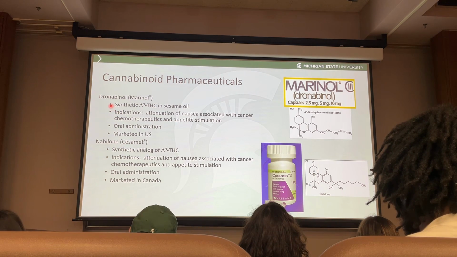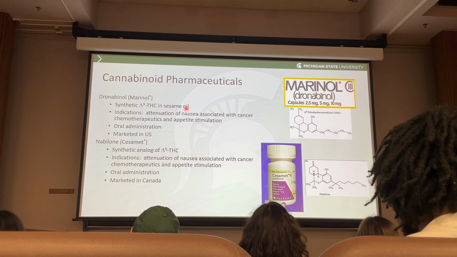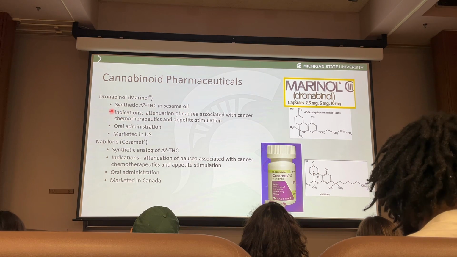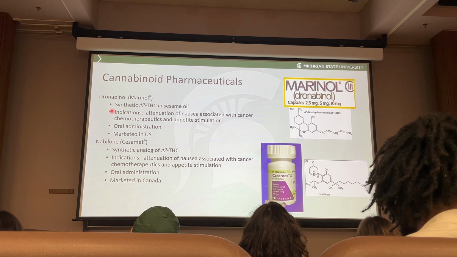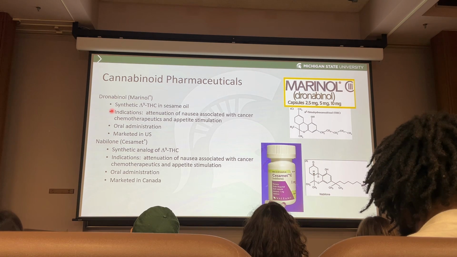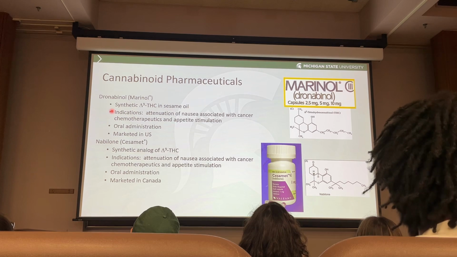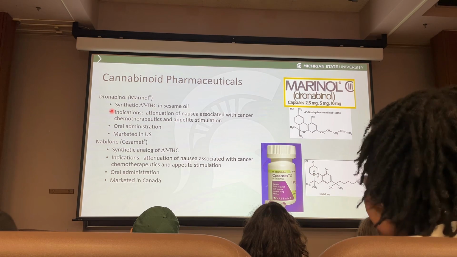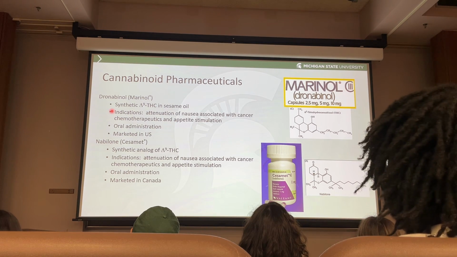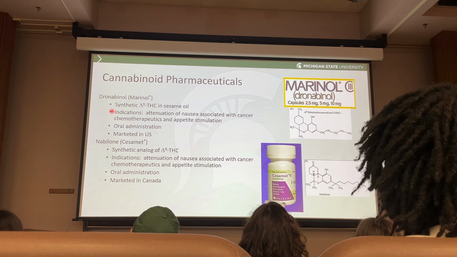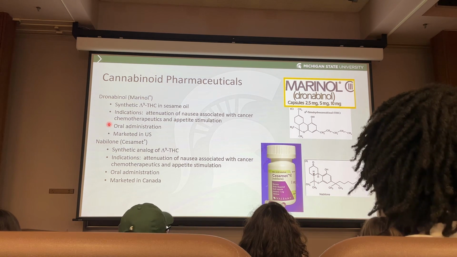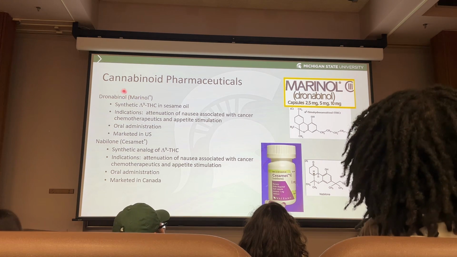Dronabinol is a synthetic THC that was synthesized and then immersed in sesame oil. This is used for attenuation of nausea for people going through chemotherapy. As we saw, THC can tamp down the nausea, and it can increase appetite in people undergoing this. It's an oral drug.